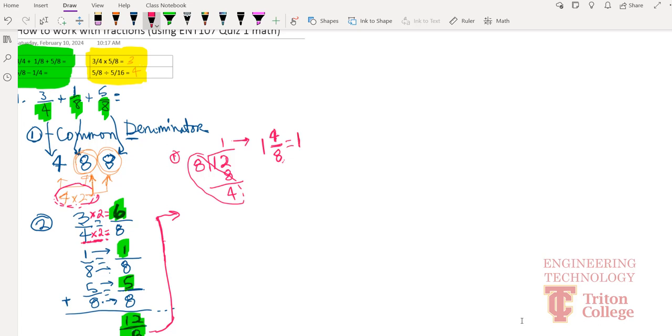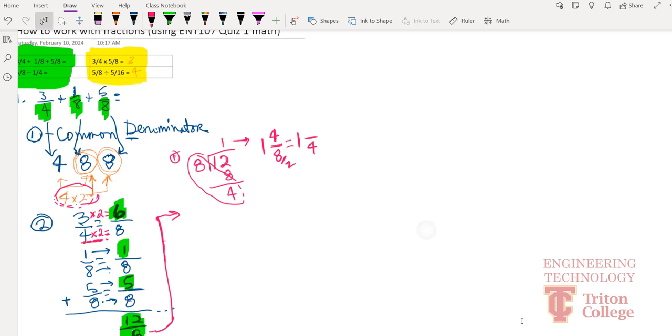And what's 4 over 8 the same as? For those of you screaming the answer, thank you. 8 divided by 2 is 4. What's 4 divided by?